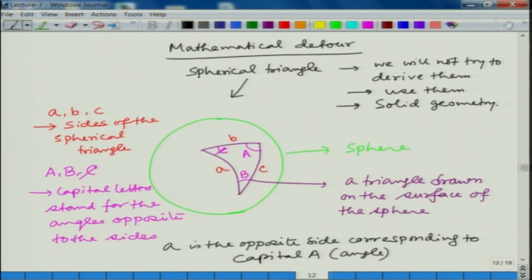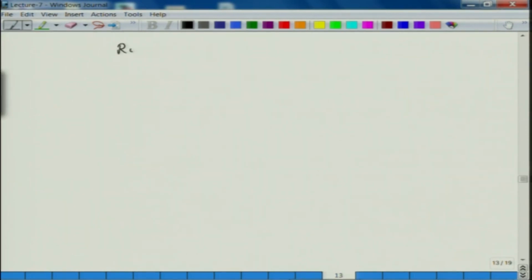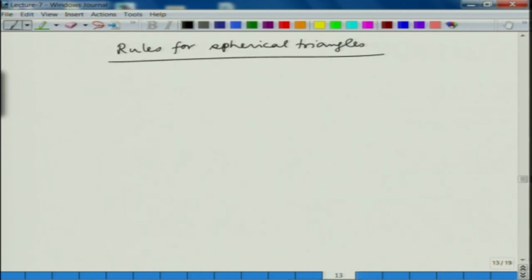Now, when we have this spherical triangle, what can we do with it? We will use two rules, the rules for spherical triangles. One is called the cosine rule and the other one is the sine rule.